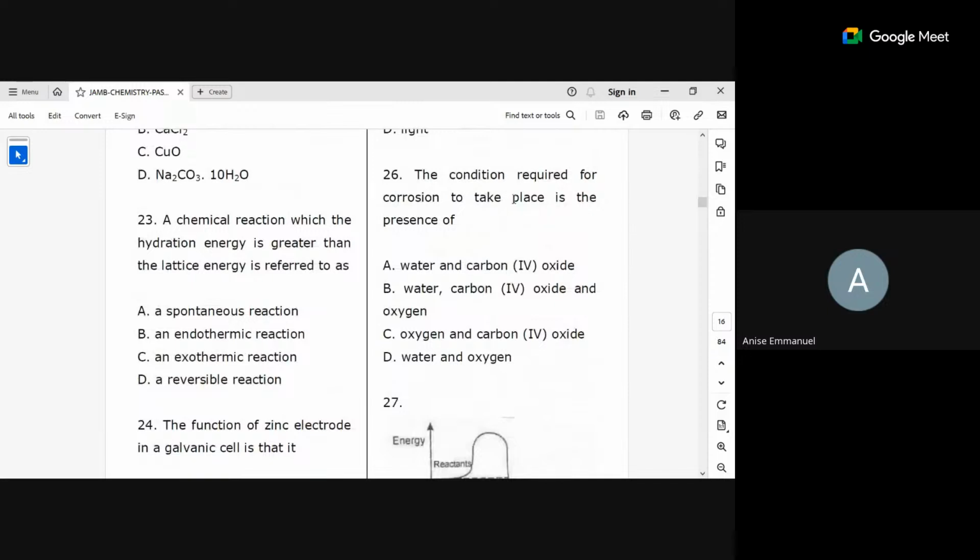The condition required for corrosion to take place is the presence of what? When you are talking about corrosion of metals, I tell my students very well, gone are those days. In fact, the pail, or bucket, the iron one, not the stainless one now.